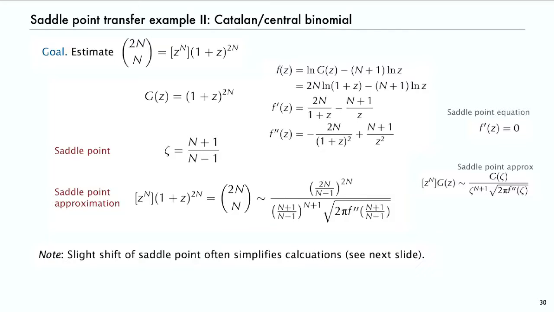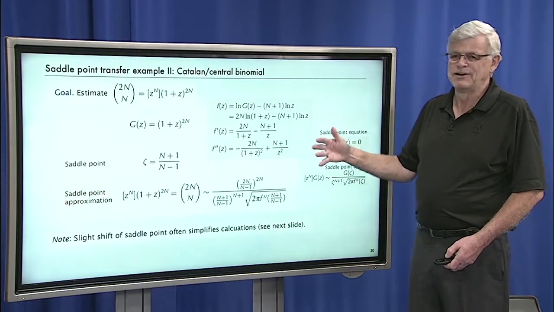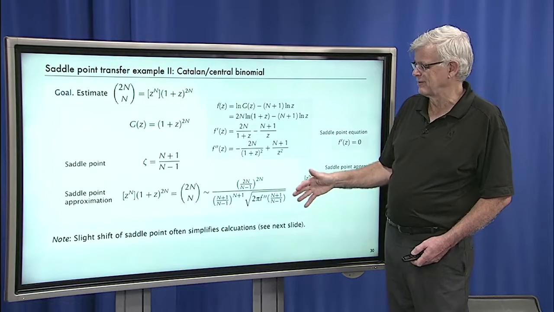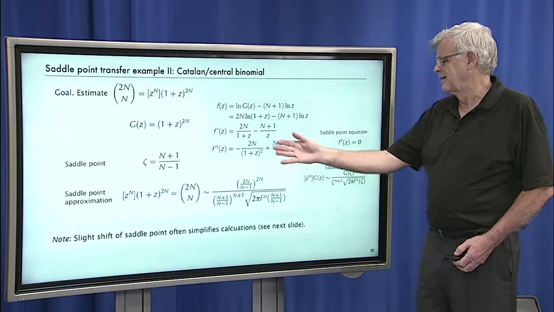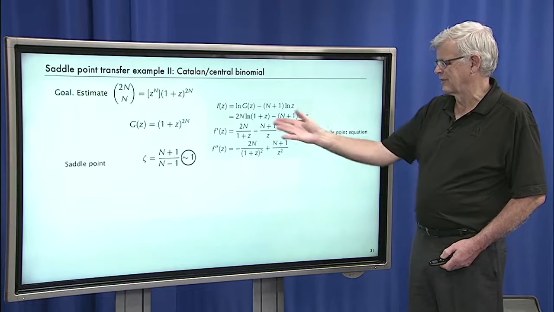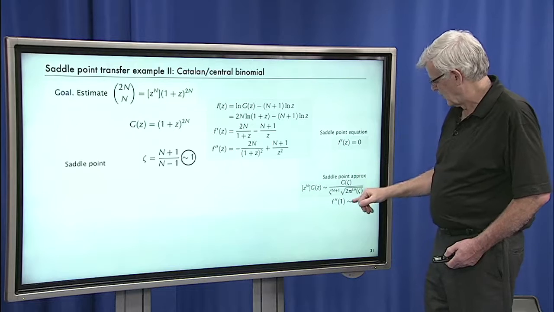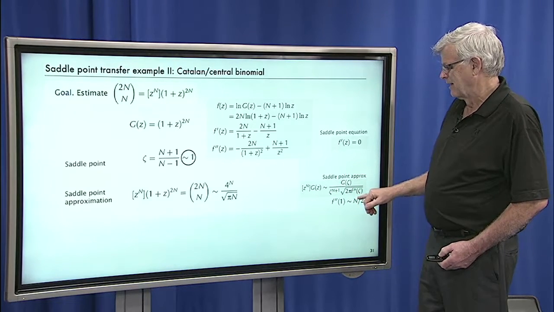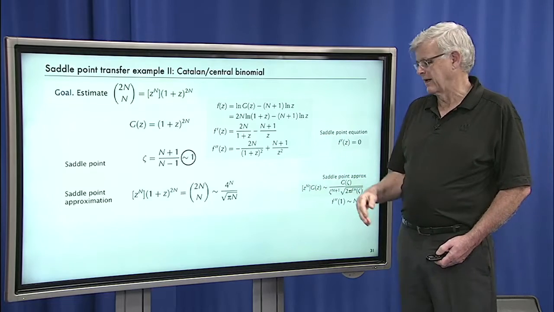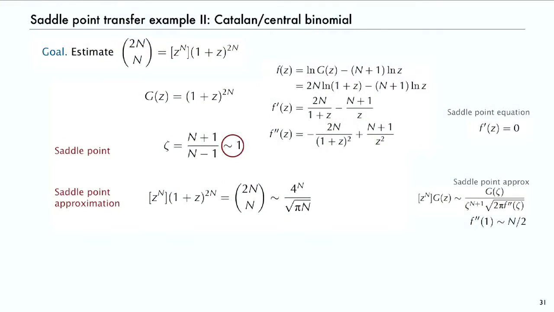But remember, it's okay to shift the saddle point if you want to simplify the calculations. This one is really close to 1, so rather than go through an estimate of those, let's just use 1. If we say the saddle point is 1 and plug it into this equation, then we immediately get out 4 to the n over square root of pi n, as expected.